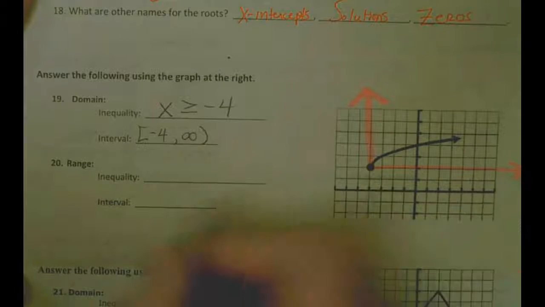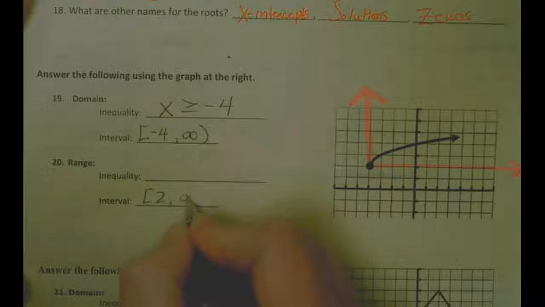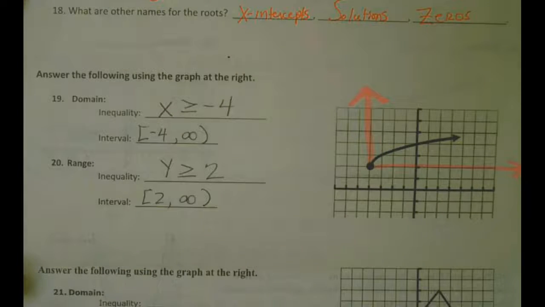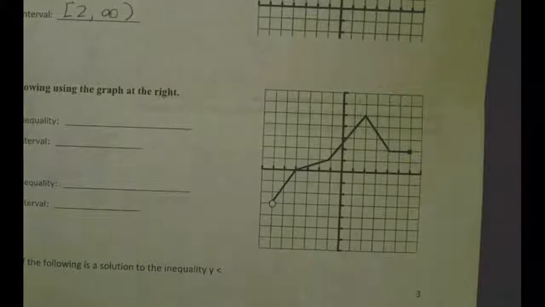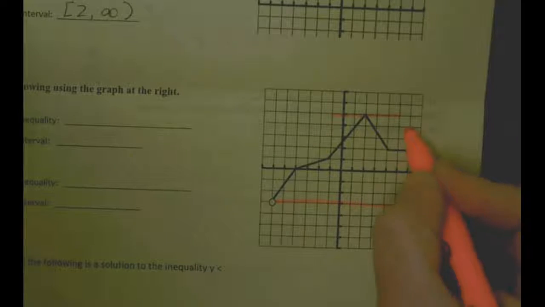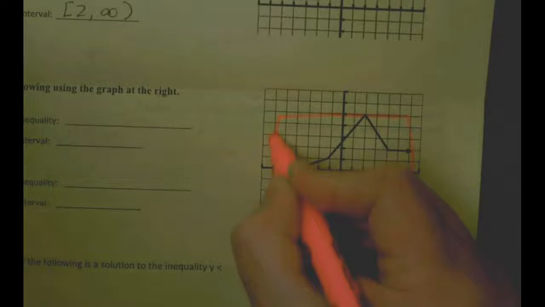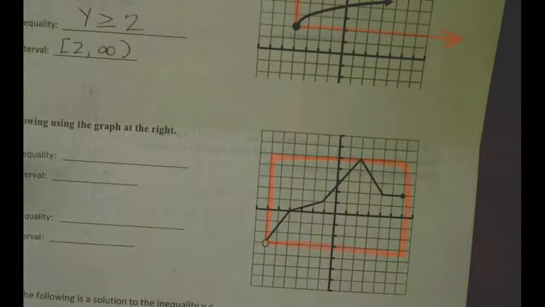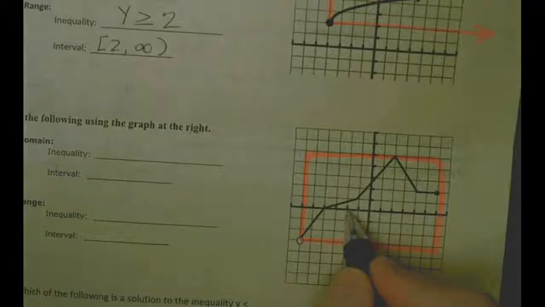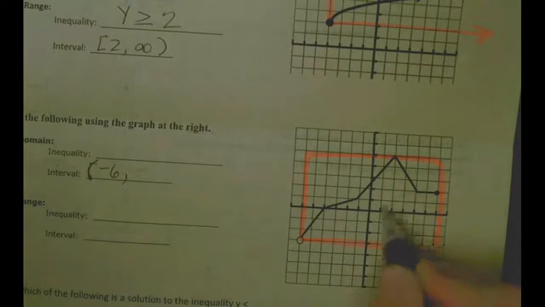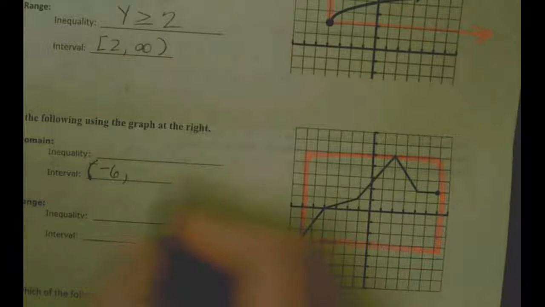In interval notation, one, 2, 3, 4, 5, 6. 1, 2, 3, 4, 5, 6.